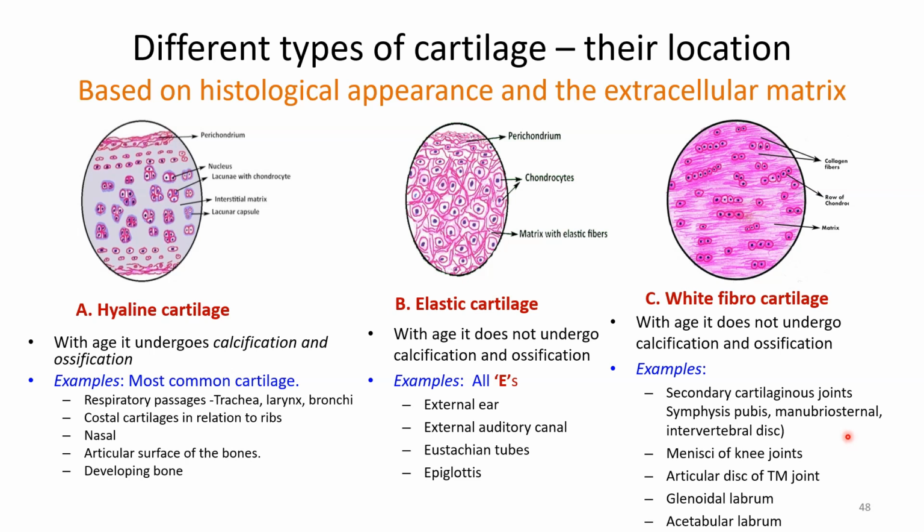Then the other examples for white fibrocartilage are the menisci of knee joints, the articular disc of temporomandibular joint, the glenoidal labrum, and acetabular labrum. Hope you have understood in detail about the various types of cartilage.